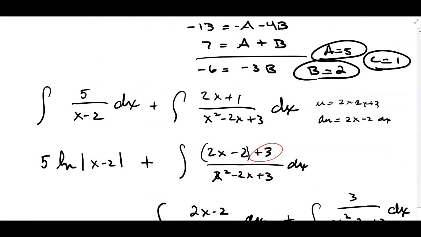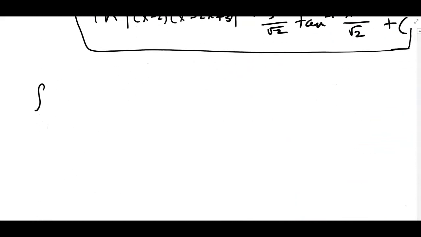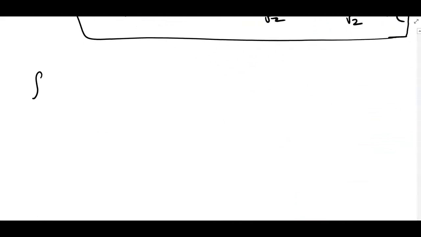But if I write one that has the exponent higher, such as x to the 4th plus 1 over x cubed plus 9x, this is what we call an improper rational expression, kind of like the fraction 5/3 is an improper fraction. You can't do the partial decomposition on improper rational expressions.